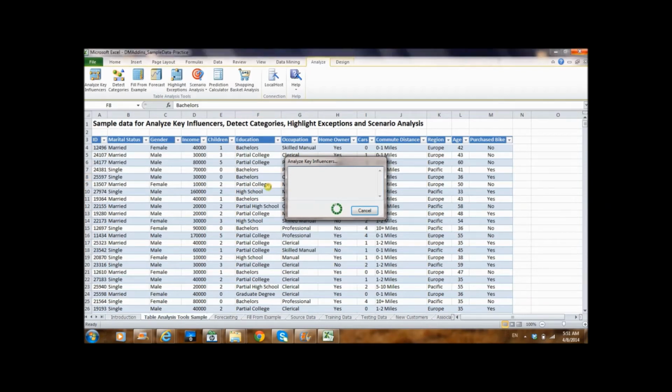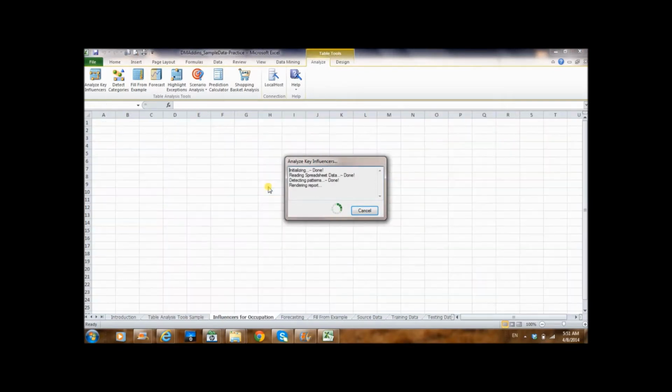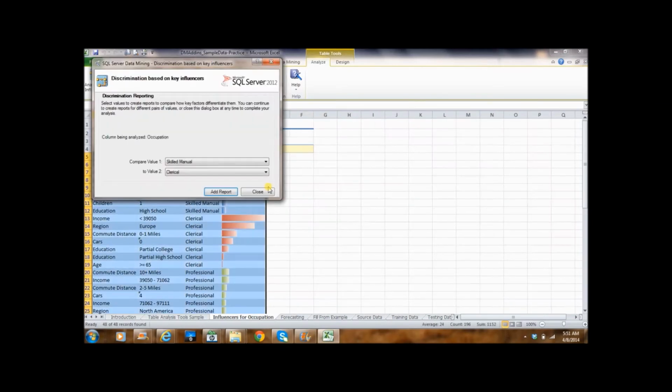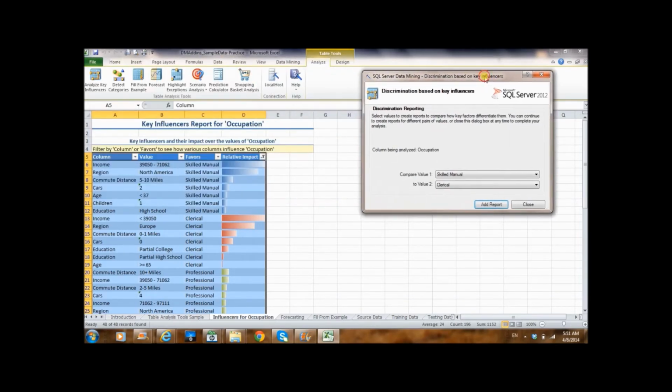It takes time. By the way, this engine is actually using Bayes' theorem. The nice thing about this one is you don't have to know anything about Bayes' theorem.